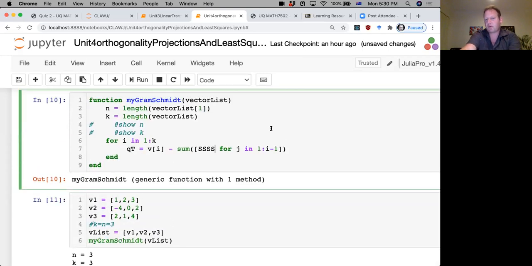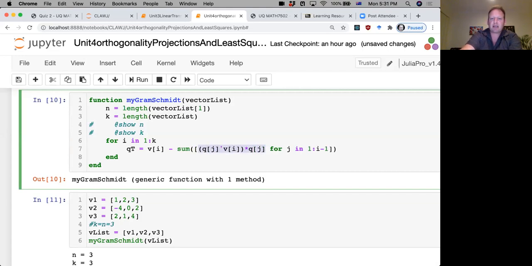So this won't work yet, but let's do it. So we do qj inner product with vi. This thing should be a scalar. This is an inner product of qj and vi multiplied by qj.